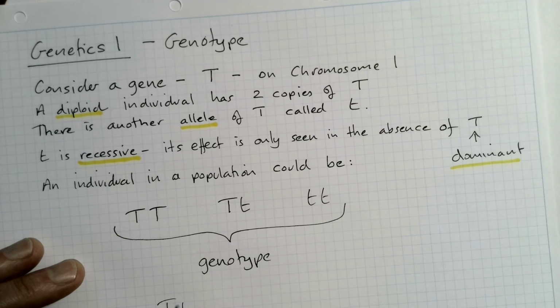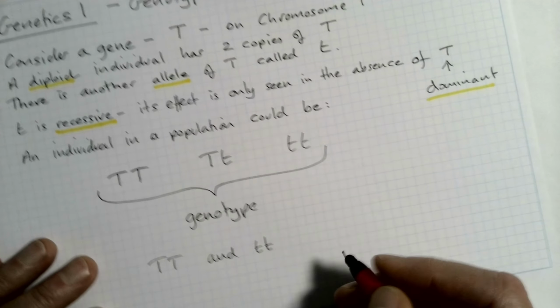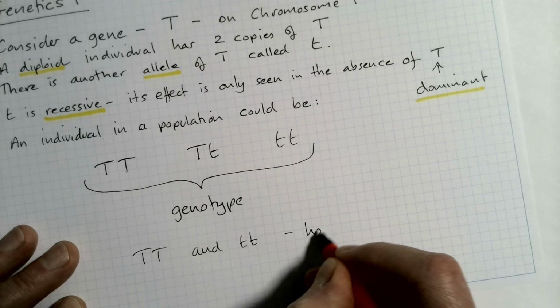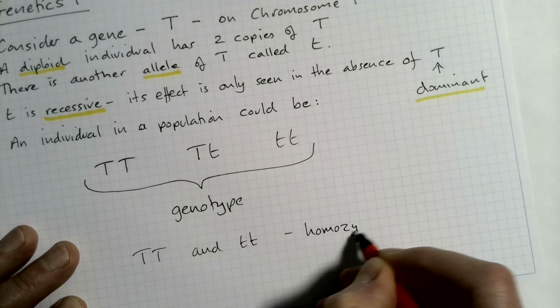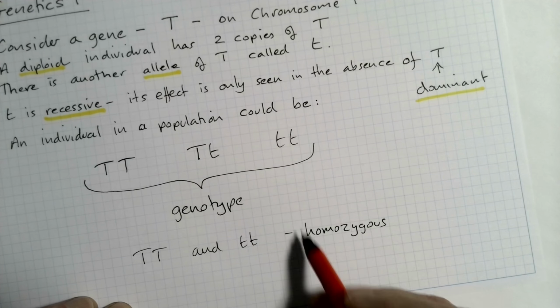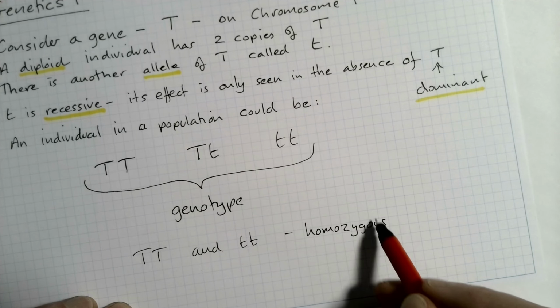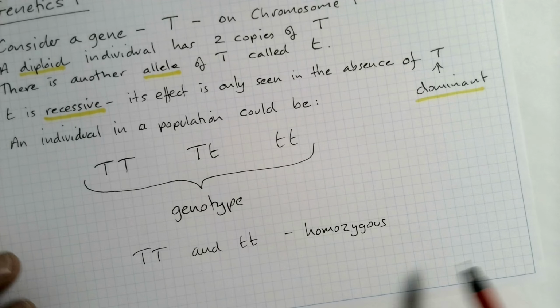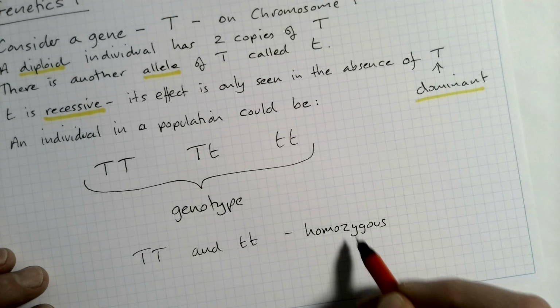When we have 2 the same, so big T, big T, and little t, little t, these are known as homozygous. Homo means the same, and zygous means, as we've already noted, of the genes.